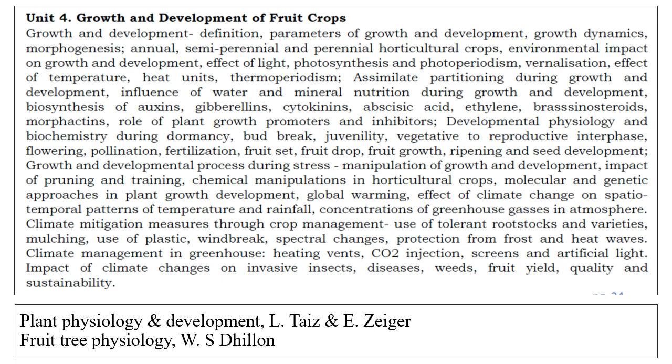After having an idea about the basic physiology, we can go into Fruit Tree Physiology by Dhillon. Here also you can see the topics of pruning and training, like manipulation of growth and development, impact of pruning and training, then chemical manipulations in horticultural crops. These things are given and we have to understand them properly.